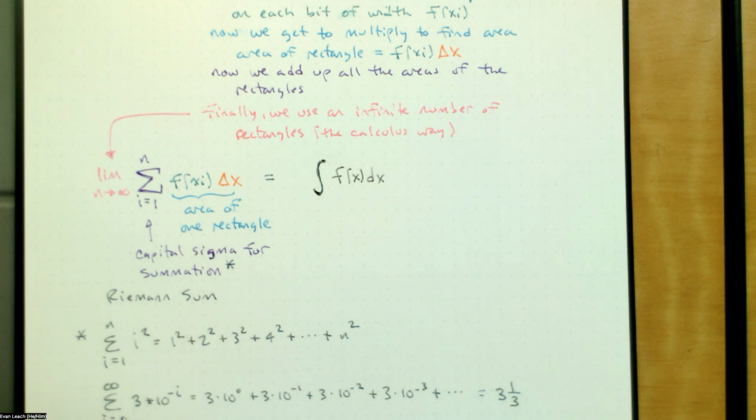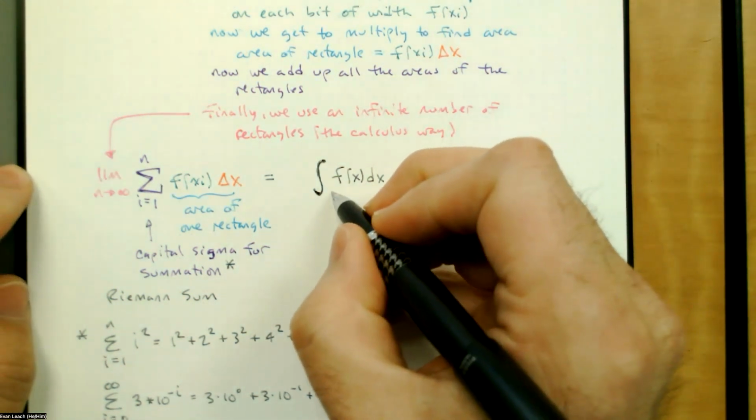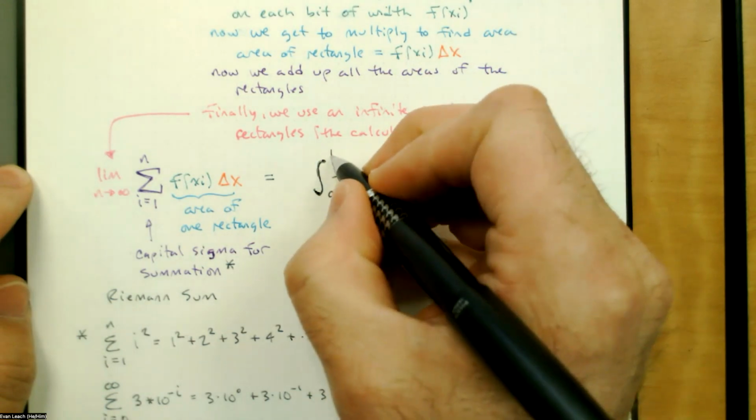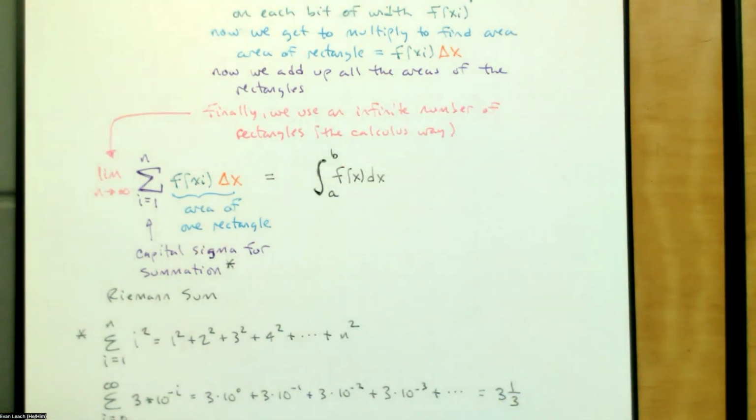But now, instead of an index set, instead of from 1 to n that we're indexing, we just say what x values we're plugging in. So it's going to be from a to b. And this symbol is the definite integral. This is the definite integral of f of x dx from a to b. And these are x values.